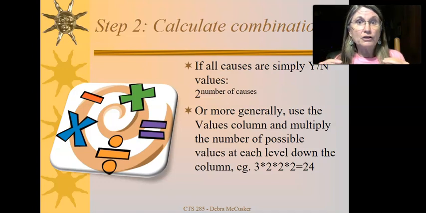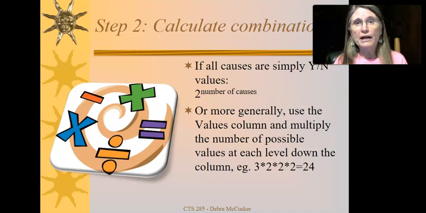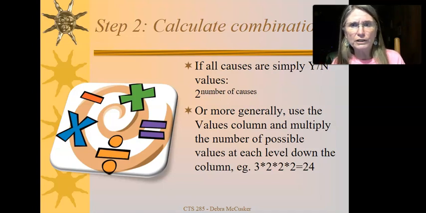And you'll soon find out that the total number of cases that you're going to have, or the total number of columns, is 2 raised to the number of causes. So let's take a look at what that means.